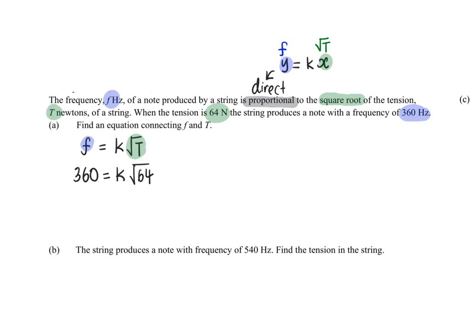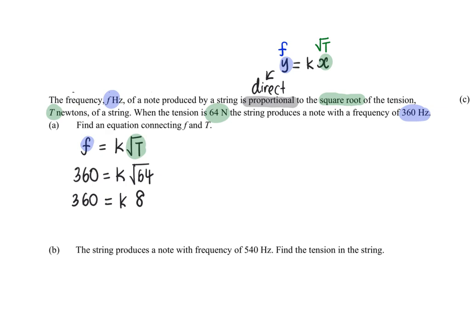In case you might be wondering, should we use the negative root? Nope, because tension is a force and we don't have negative force. So it is understood again that we are dealing with the positive root. From here, we can slowly solve for k.